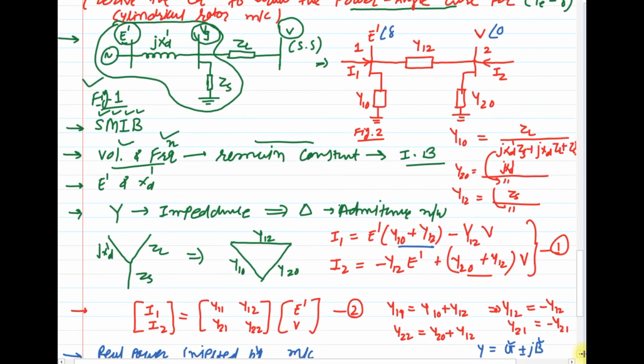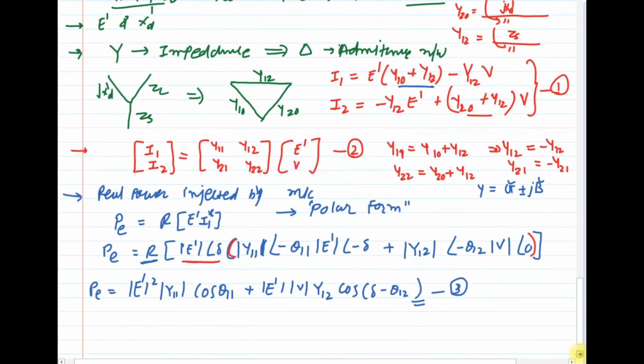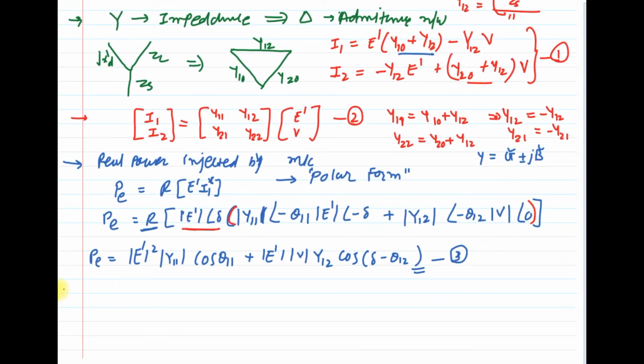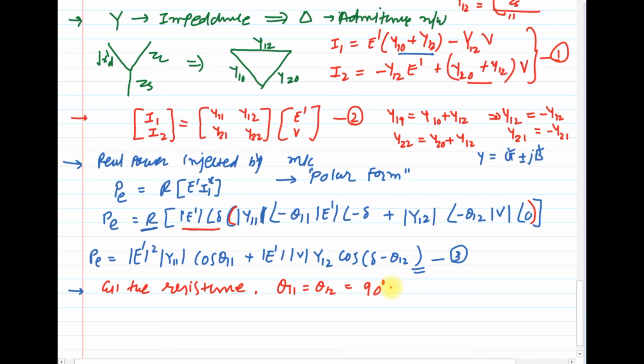Clear? So for further simplification, let us neglect all the resistance, so we will get theta 11 equal to theta 12 equal to 90 degrees. Now the question from this theory is why we have considered theta 11 equal to theta 12 equal to 90 degrees.